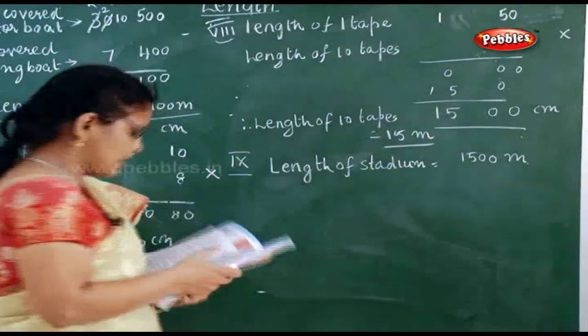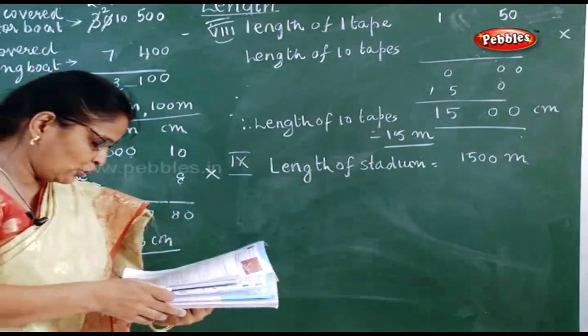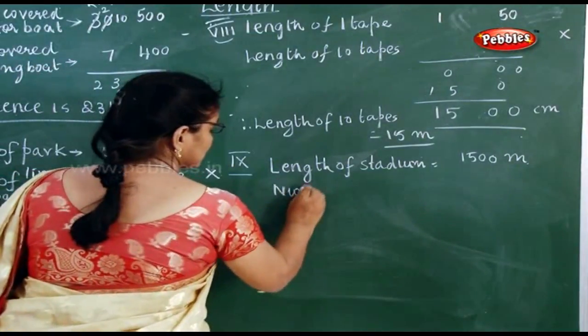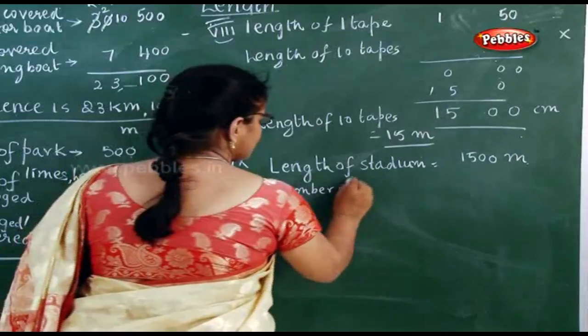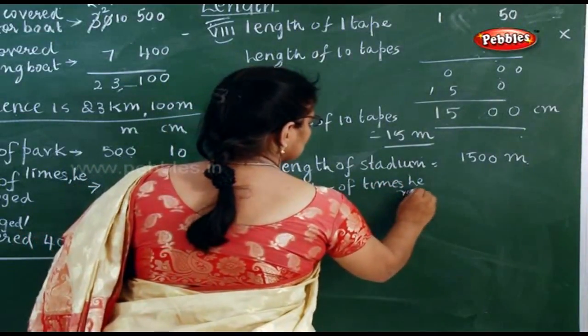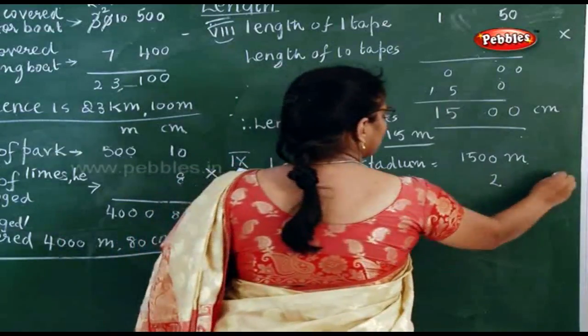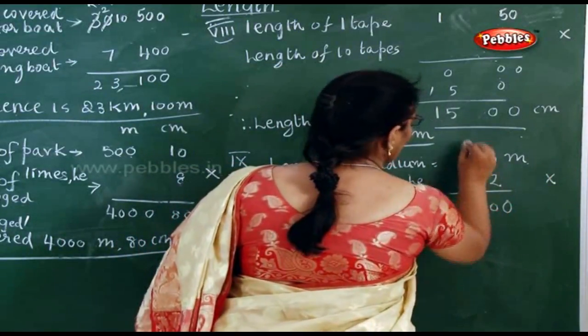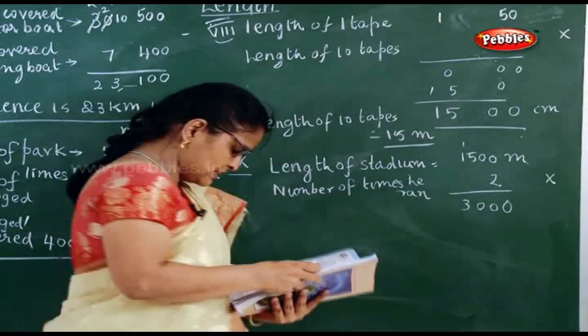Now how many times has he covered? He is running twice. So you have to write number of times he ran is 2. So immediately you have to multiply. So now what is it? 5 2s are 10, 1, 3. So what is the answer you will write?